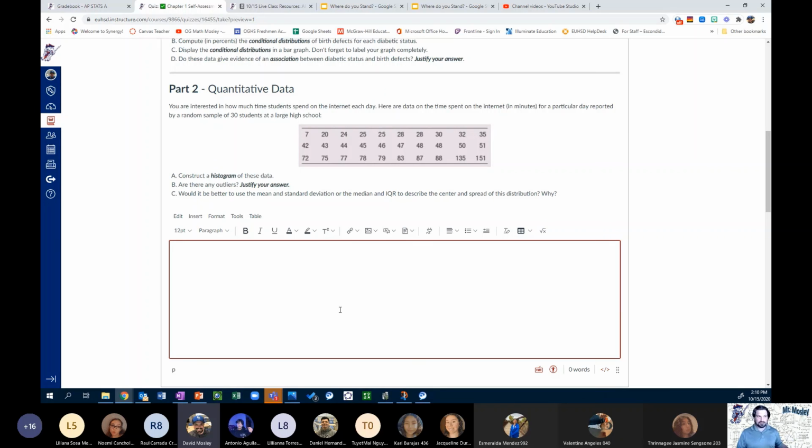It doesn't mean you have to do it that way. If you'd like to use the text entry, type stuff in, use tables, and then upload an image of a graph that you made on Statplet, you can do that. I just wanted to make sure you know that there are different ways you can submit your answer. Whatever's easier for you to accomplish, you should do, okay?